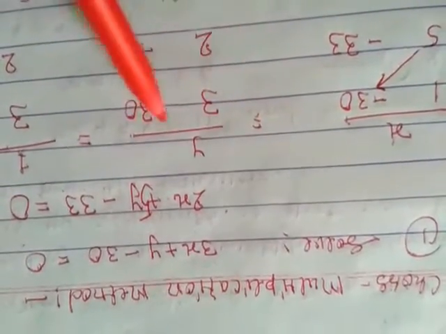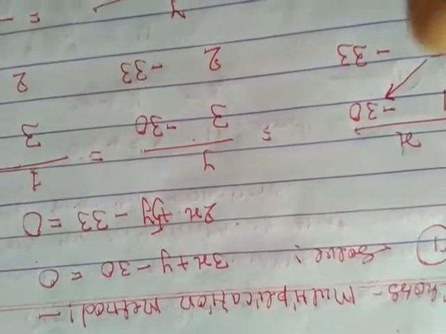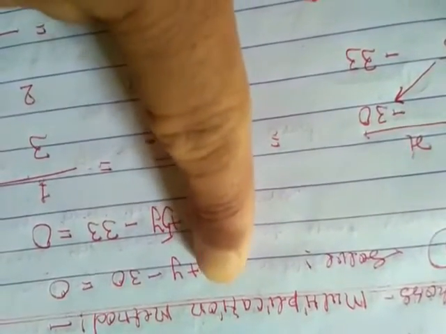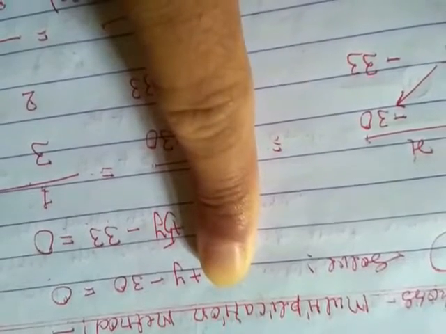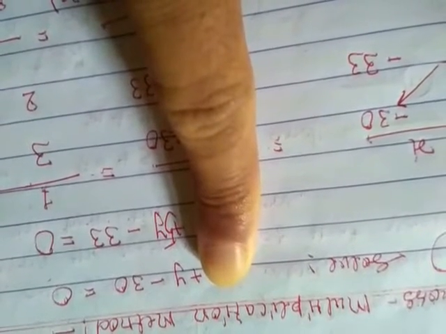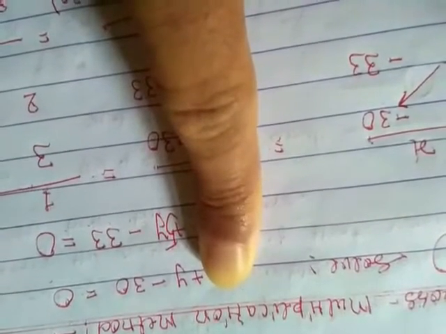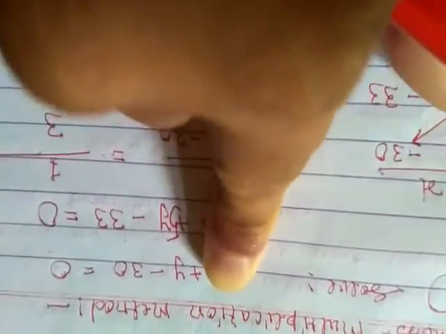To write beneath the x, you cover the x terms. When you cover the x terms, you will see the coefficient of y and the constant terms only. So write the coefficient of y and the constant term. Coefficient of y is plus 1 and minus 30.